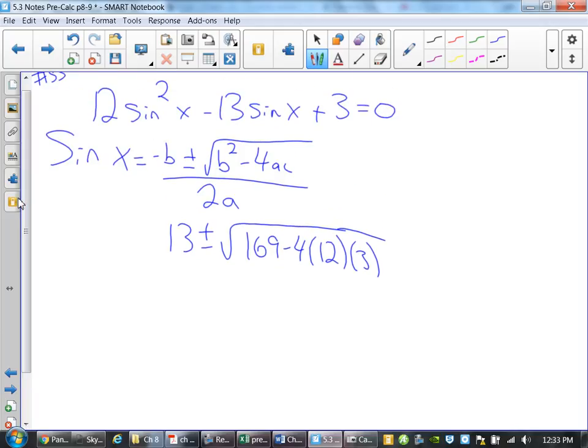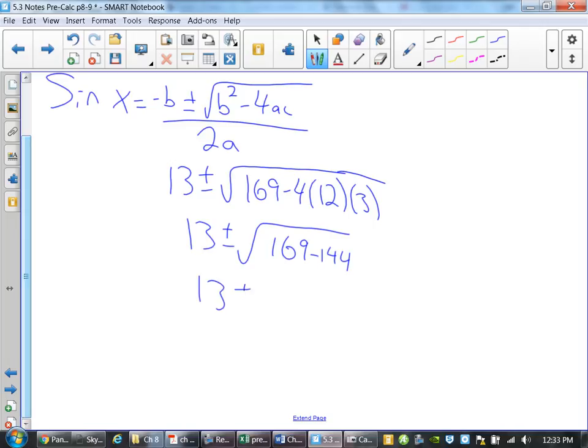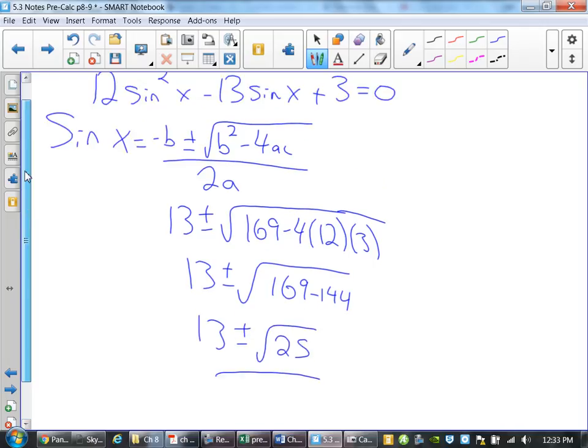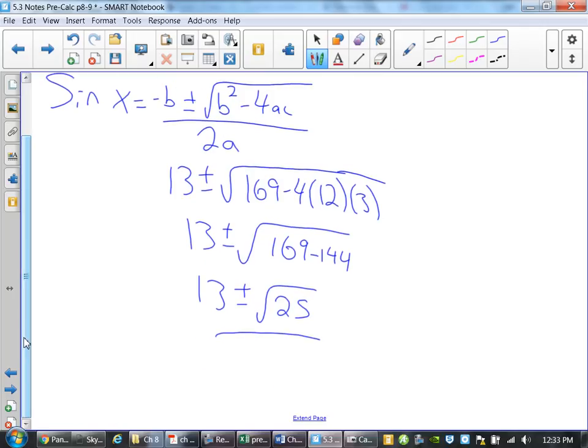What's 169 minus 144? Close enough. What's 2 times 12? 24. What's the square root of 25? Five.